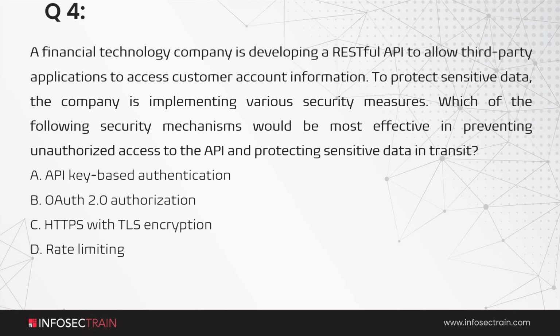A financial technology company is developing a RESTful API to allow third-party applications to access customer account information. To protect sensitive data, the company is implementing various security measures. Which of the following security mechanisms would be most effective in preventing unauthorized access to the API and protecting sensitive data in transit? Now tell me one thing, team.